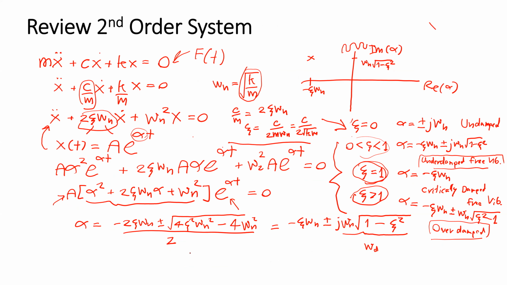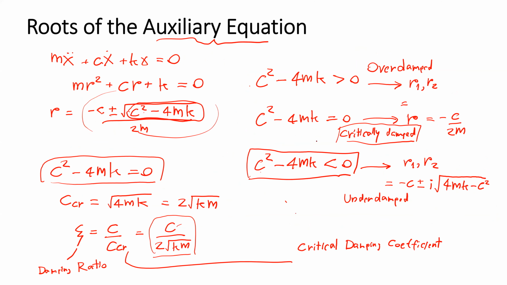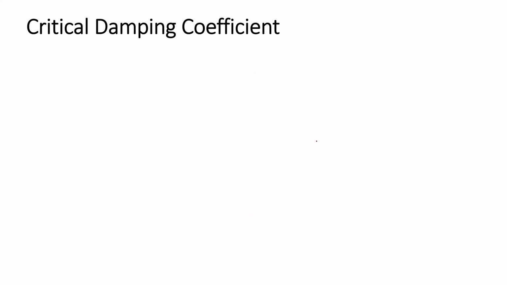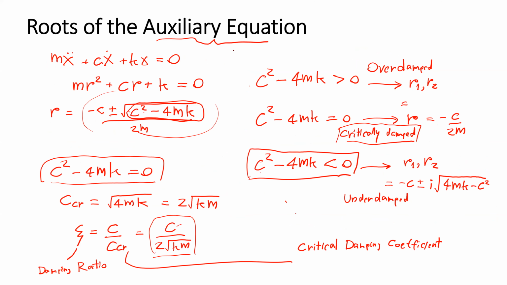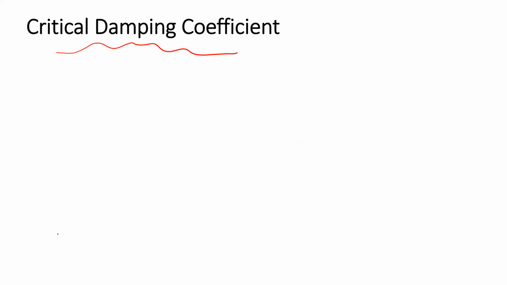If you remember, in the last slide we also derived the damping ratio through the standard form of the second order equation, and it equals C divided by 2 square root of km. So it's the same. And the critical damping coefficient is this one. So this slide has nothing more.